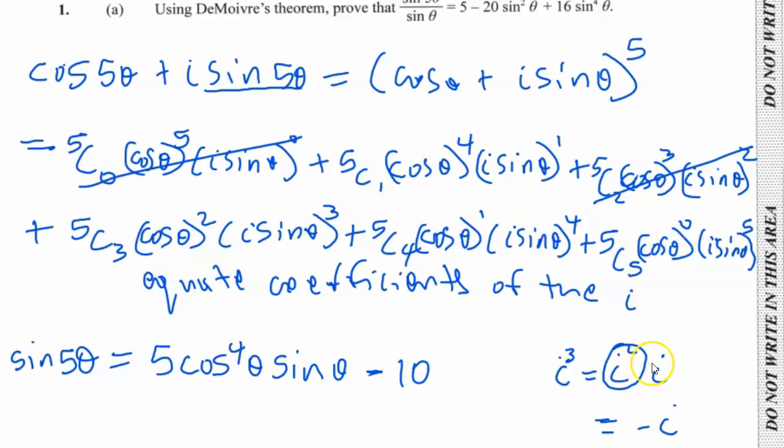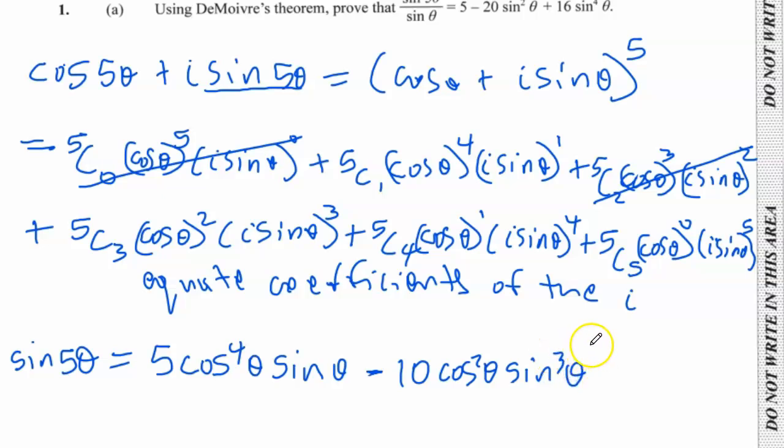So we have 5 choose 3 is 10, and we have cos² θ. And of course we have sin³ θ.